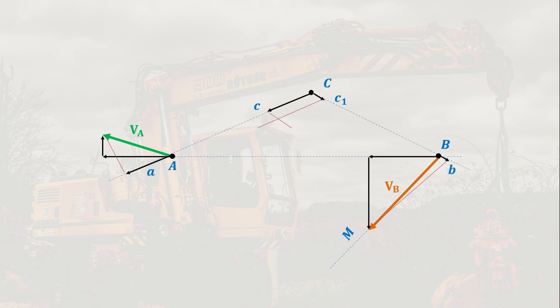So we draw parallel lines to CC and CC1, and then we connect its point to the intersection, and that is C2, and that's where we can get the velocity of C. So that is the absolute velocity of C now. So as you can see, we can also get the other points if we just know the direction and the velocity of one point or 2 points in the linkage.